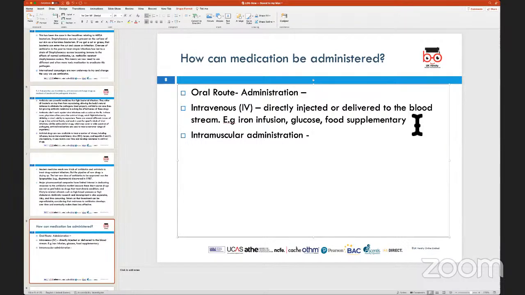This is normally used when we give vaccines or injections. Most of us have recently had COVID injections, or a booster dose, or flu jabs. They are normally given in your muscles, and that is intramuscular administration.